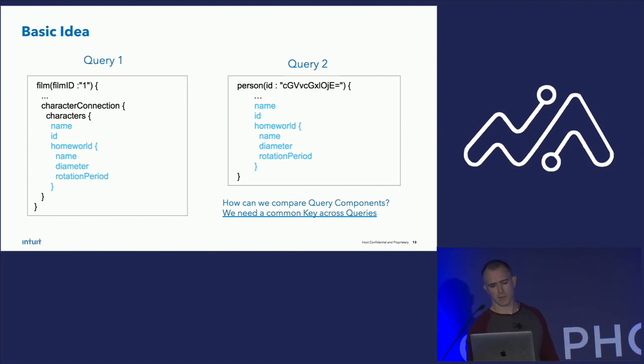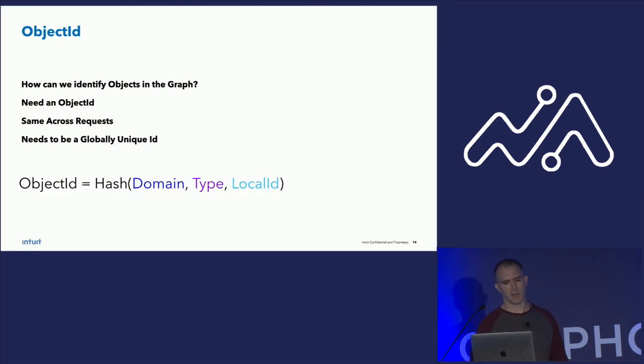So how do we do that? Basically, an object ID, right? This has two core properties: it is the same across requests for whatever object is inside of the request graph, and it needs to be a globally unique ID across the entire system. So what does that mean?